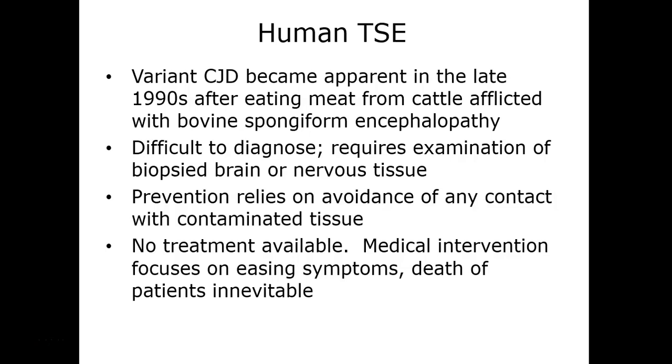It actually traveled over here to the United States and was prevalent for people that had ingested ground beef that was localized to the United Kingdom. We actually stopped the export of all meat products for several years. And the reason this sprung up is they were taking the carcasses of the dead animals, grinding them up, and using it as part of the feed for the cows that were living.